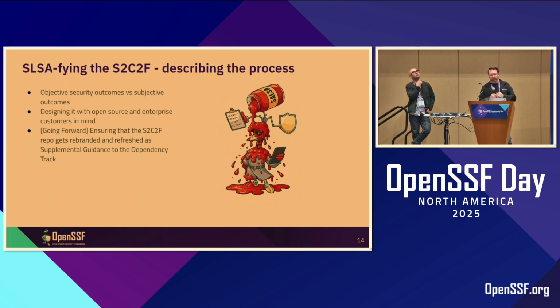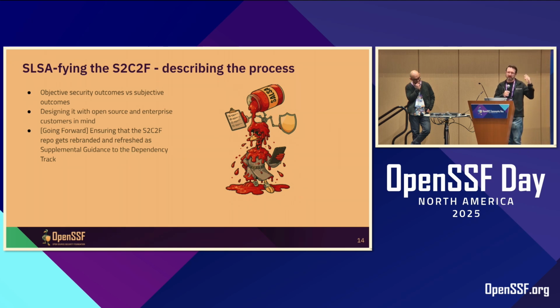Next, we had to design it with both open source and enterprises in mind. So in S2C2F, if you remember that wheel, we used to tell everybody to start with ingestion, that you really need to gain positive control of how developers are consuming dependencies. Because if you don't standardize how developers are consuming their dependencies, then how can you ever gain control of your supply chain?